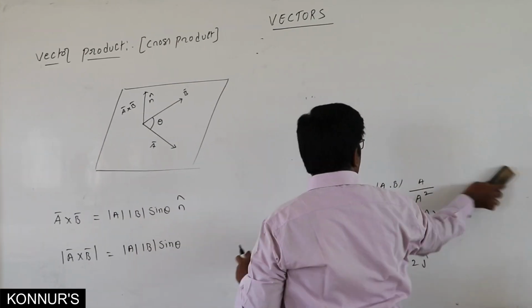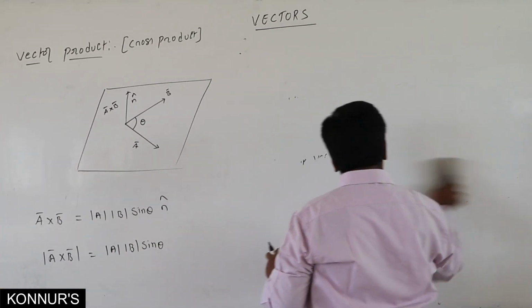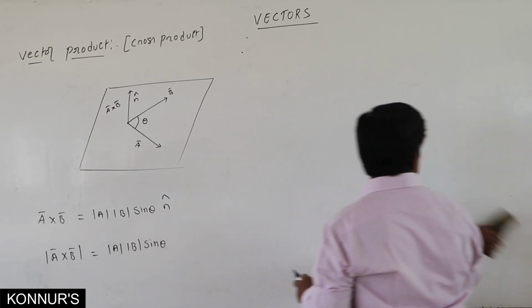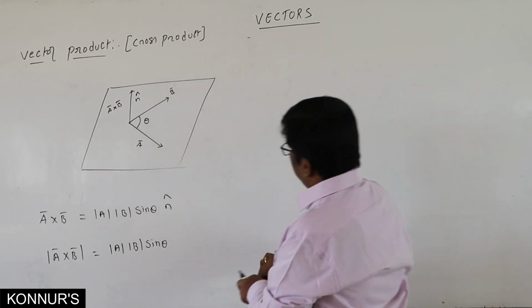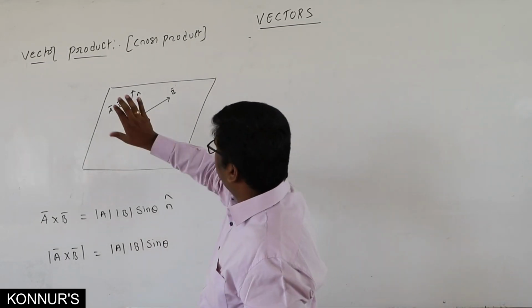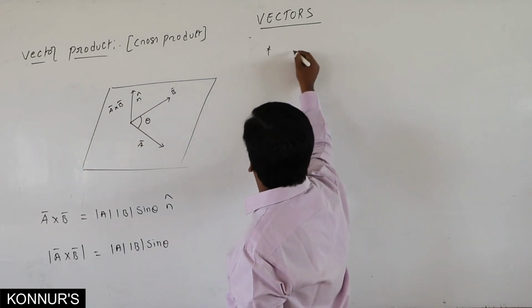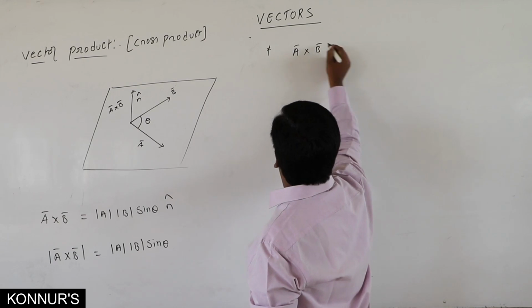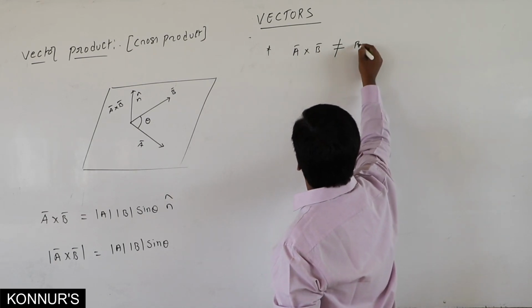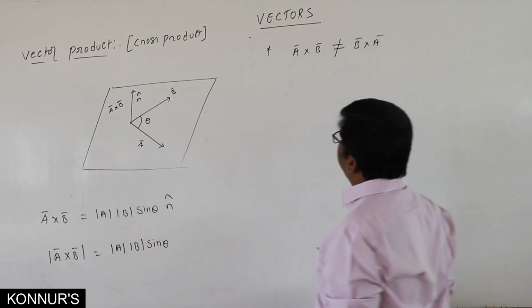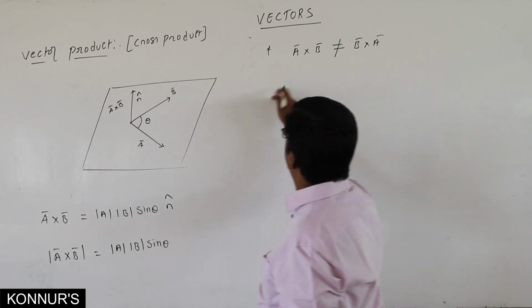Next, if the vectors are parallel, what happens? Just now we discussed A bar cross B bar is outwards and B bar cross A bar is inwards, which means the vector product does not obey the commutative rule. Direction wise they are unequal.